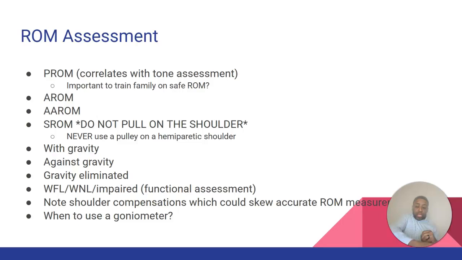That's a compensatory movement pattern. So if you're not very careful, you may assess the range of motion higher than what it actually could have been if that compensatory movement was not applied.